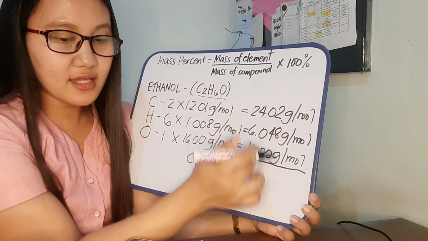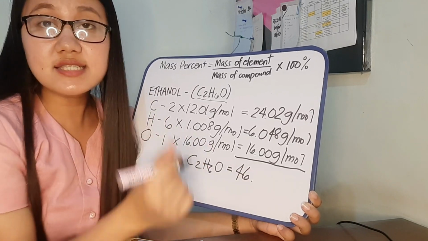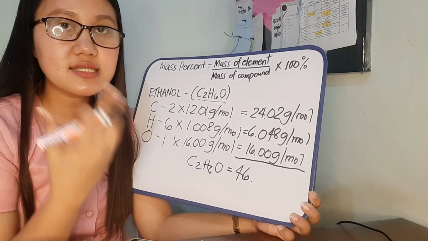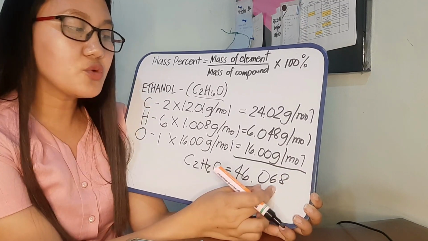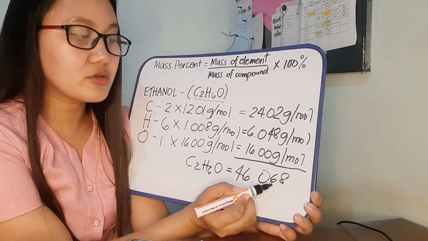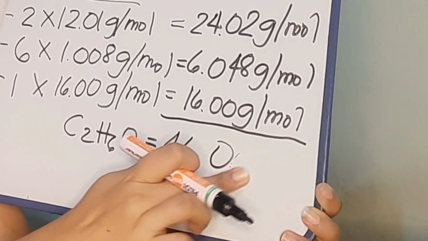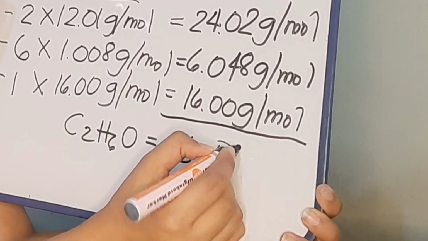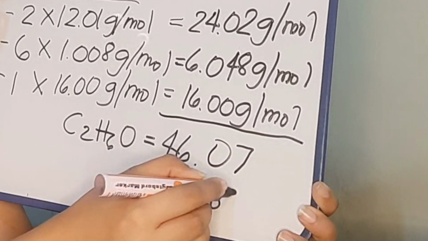Pag pinag-add natin yan, that is 46.068. Since 2 decimal points na lang yung gagamitin natin, i-round off na natin siya. So 6, since 8 yung katabi niya, gawin na lang natin itong 46.07 gram per mole.